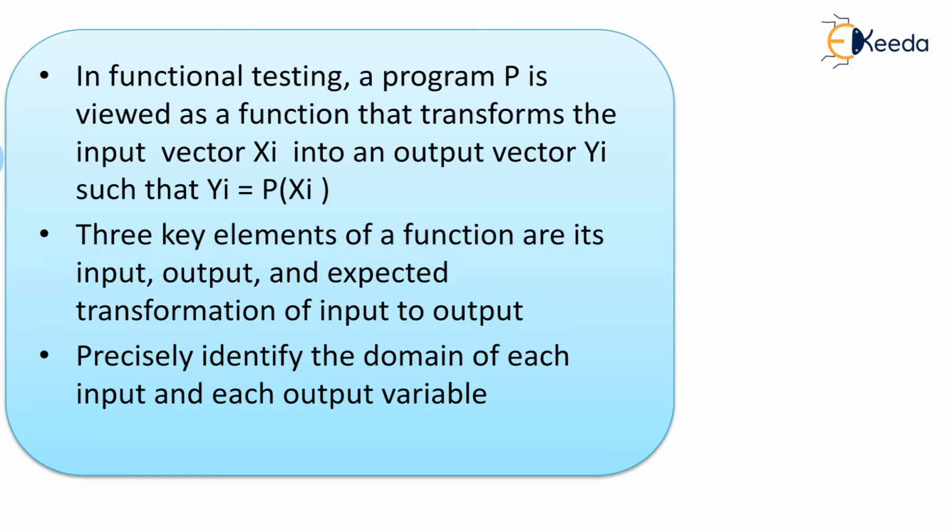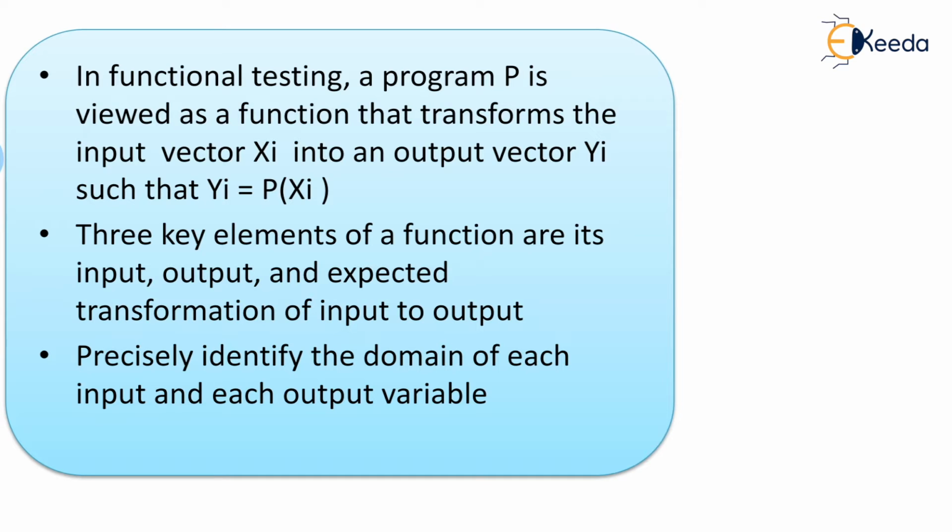Next, in functional testing, a program P is viewed as a function that transforms the input to output. Correct. That means yi, my output vector, is equal to P(xi). P is the predicate, my function.